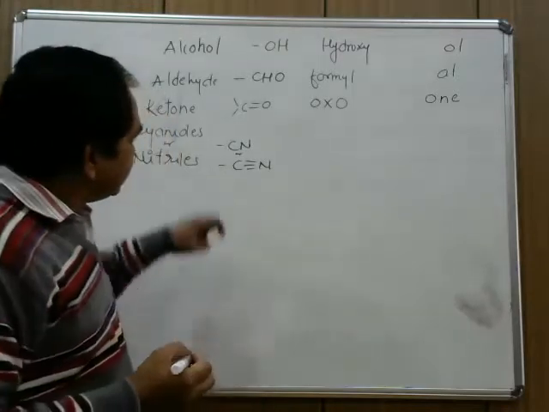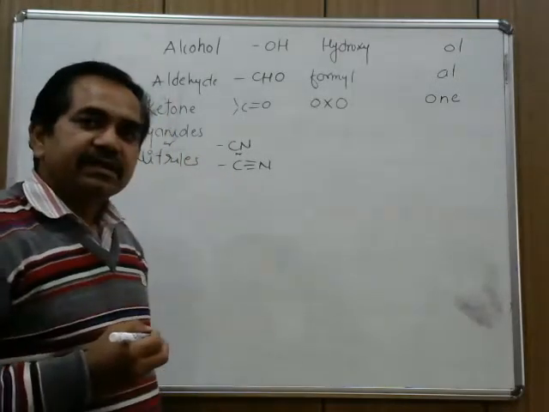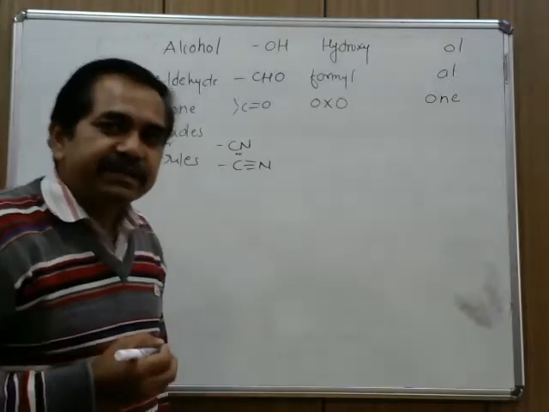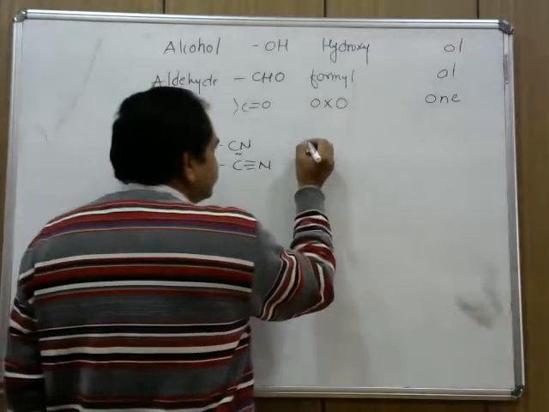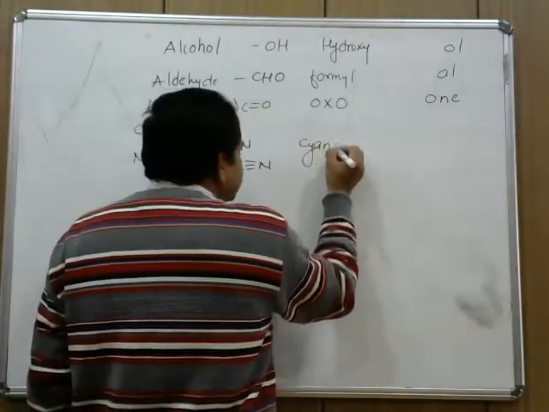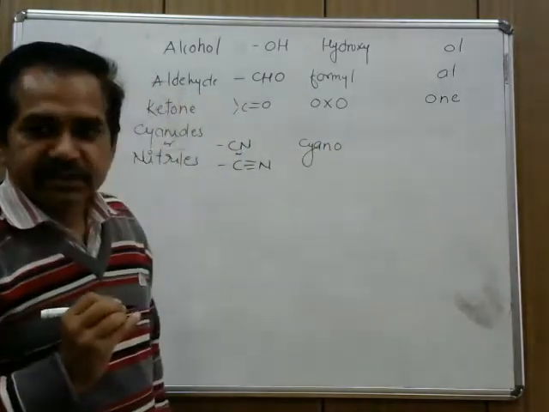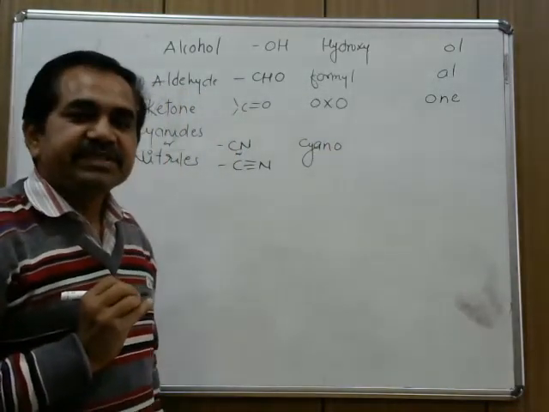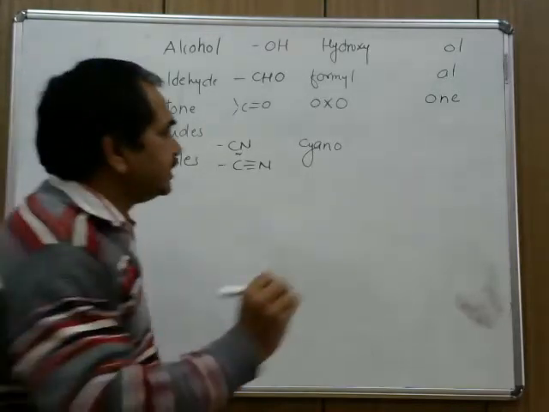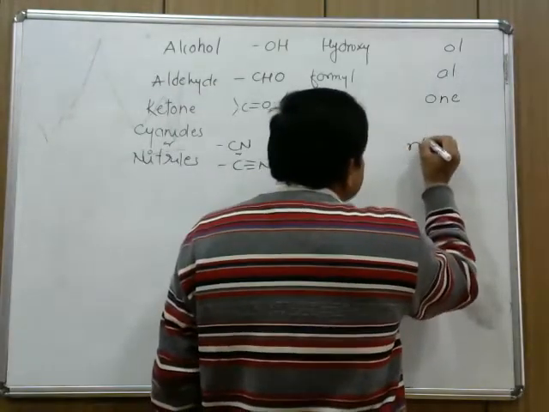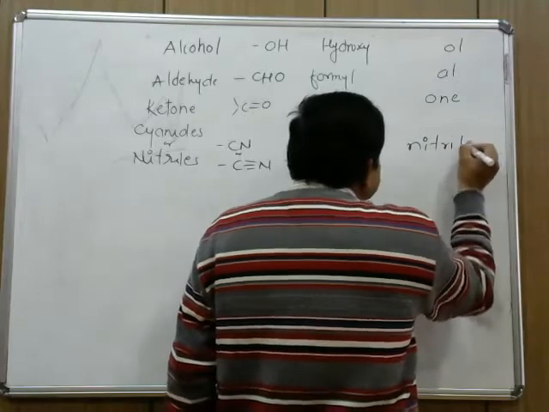And if this CN group is treated as a substituent, then we use the word cyano. But when it is present as the functional group, then the word nitrile is used.